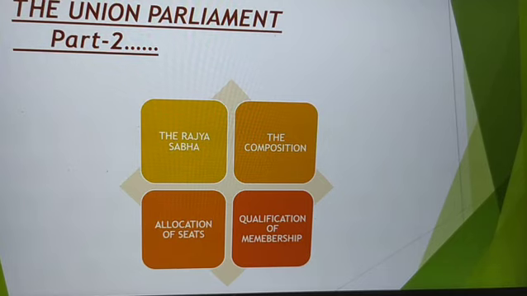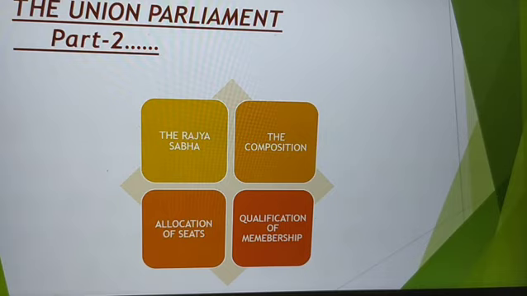Okay. Now the manner of election. For Lok Sabha, the manner of election was based on universal adult franchise. Everyone above 18 years old will vote for them and they will get elected accordingly. Now the representatives of a state in the Rajya Sabha are elected by the elected members of the Legislative Assembly of each state.